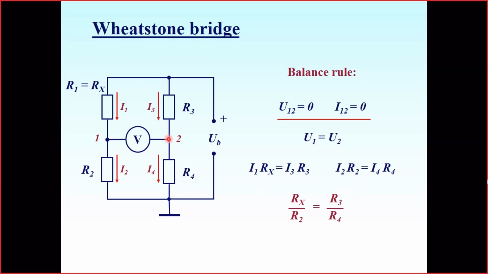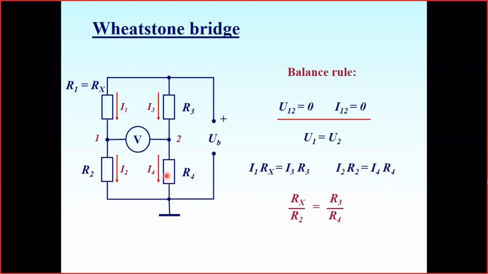It should go through point 2 and further to point 4, because in balance the current between 1 and 2 is 0. So I3 is equal to I4. Taking these two equations and dividing one by another, and bearing in mind that I1 equals I2 and I3 equals I4, we get this relationship between resistances R1, R2, R3, and R4. The ratio between resistors here and here should be equal to the ratio between resistors here and here.